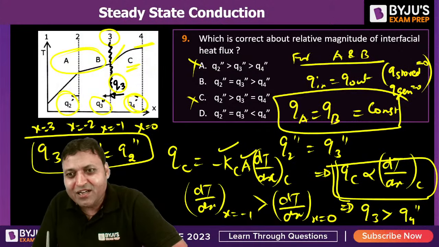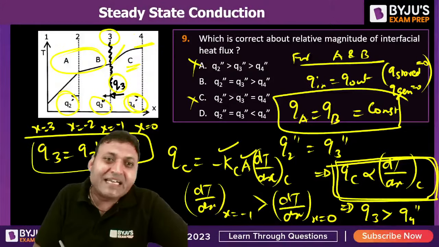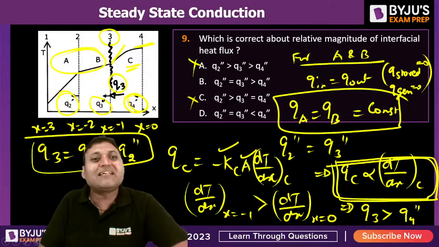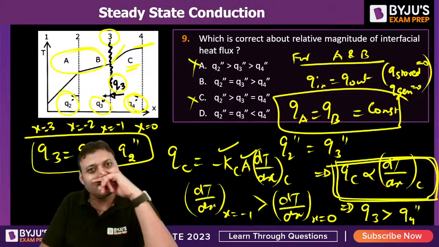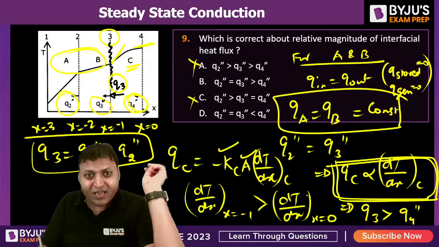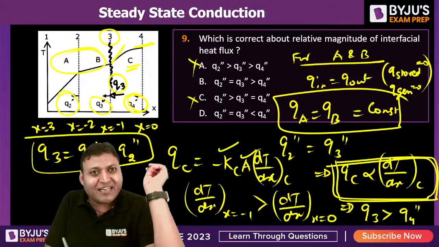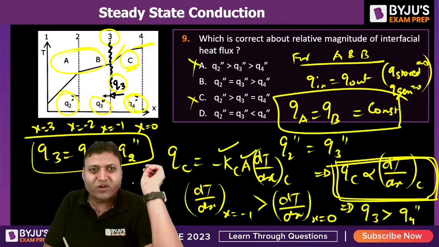In material C, Q is proportional to dt by dx. dt by dx is variable. The temperature gradient or the slope of temperature profile is variable, because the temperature profile is non-linear. That is why, and there are 2 points in material C. One is point 3, another is point 4.